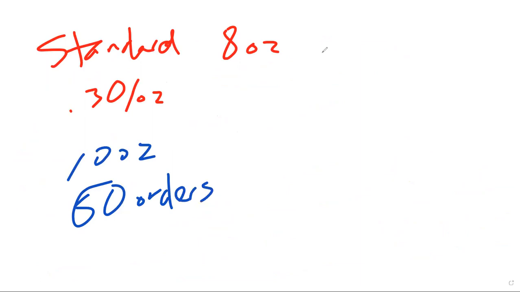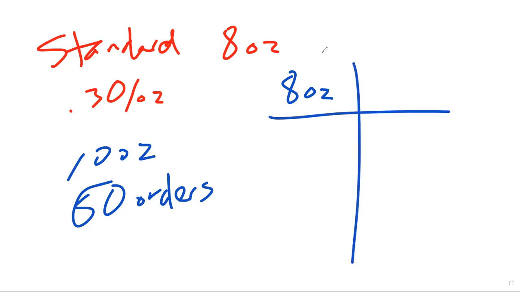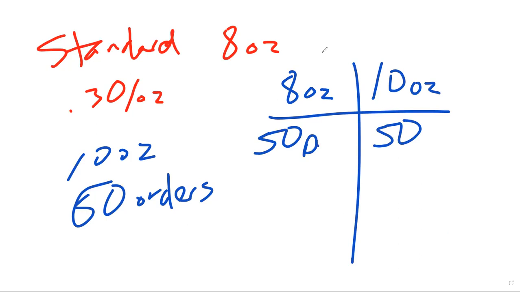Okay, so a couple of different ways we can work this. Our standard size is 8 ounces, right? And if our kitchen is doing 10 ounces, if we have 50 portions, how many total ounces did we serve if we did 10 ounces?